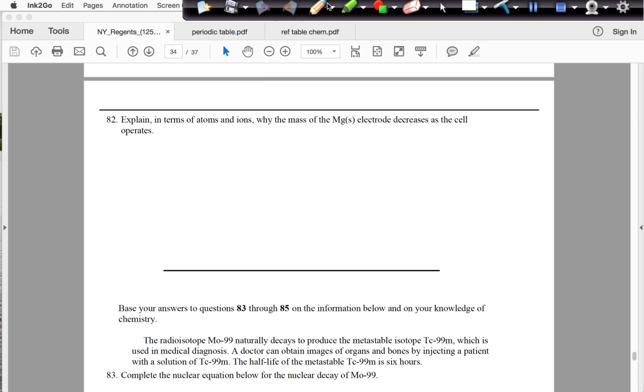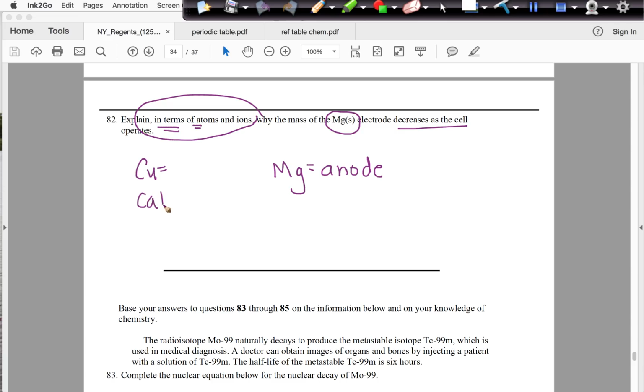For number 82, it says to explain in terms of atoms and ions. So anytime they say in terms of, we have to mention why the mass of the Mg electrode decreases. We said that magnesium was the anode, and we said that the other element, which was copper, was the cathode.